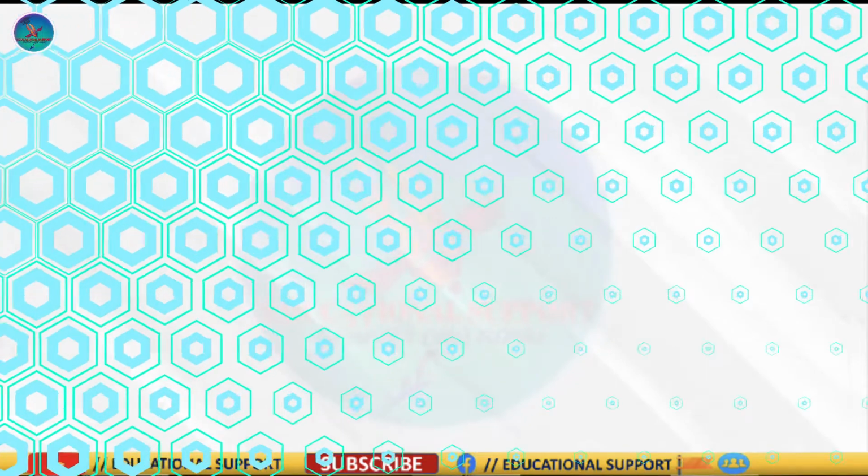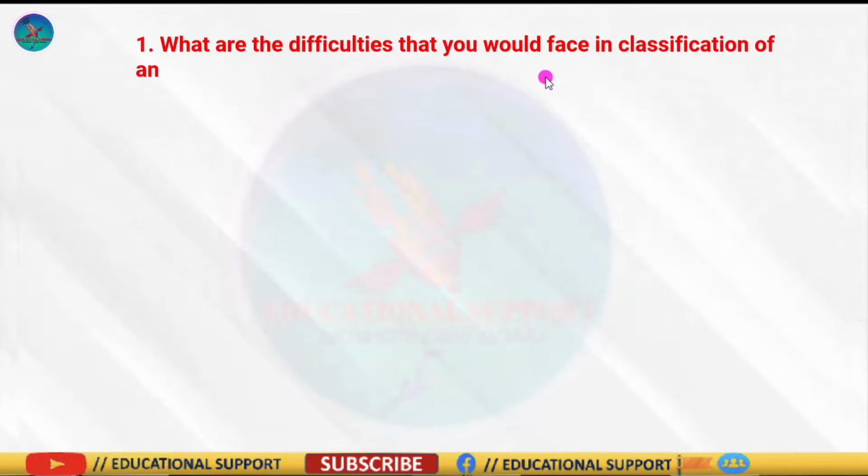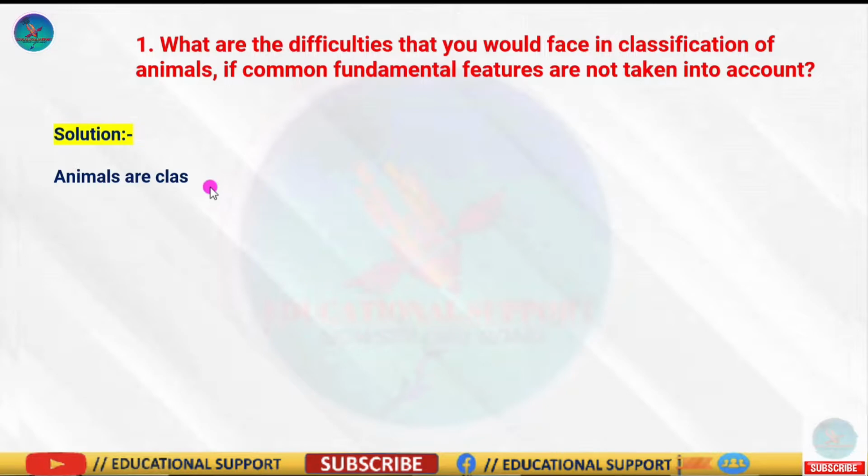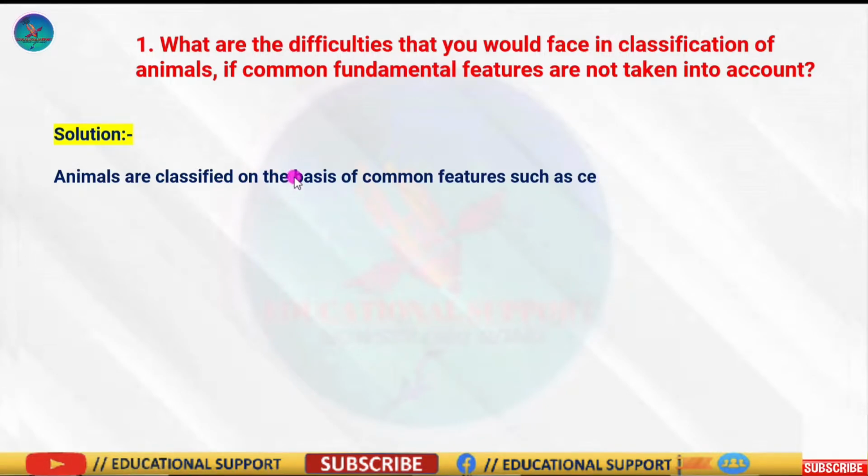Question number 1 is, what are the difficulties that you would face in classification of animals if common fundamental features are not taken into account? So there are numerous animal species which show great variety of life.